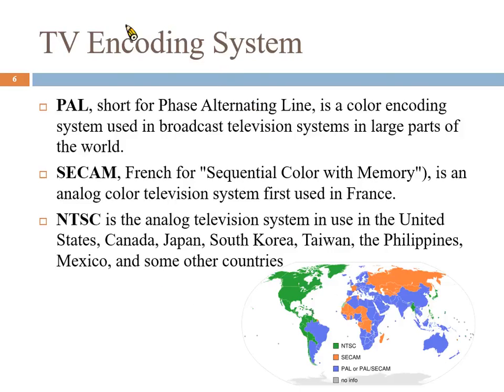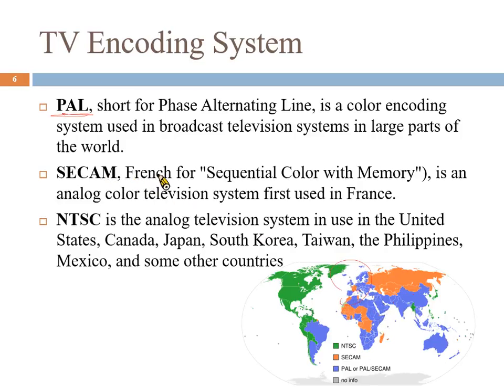And here are the TV encoding systems distributed all around the world. PAL stands for phase alternating line. It's a color encoding system used in broadcast TV systems in large parts of the world. PAL is used in mainland China, India, maybe half of Africa, and most of Europe.